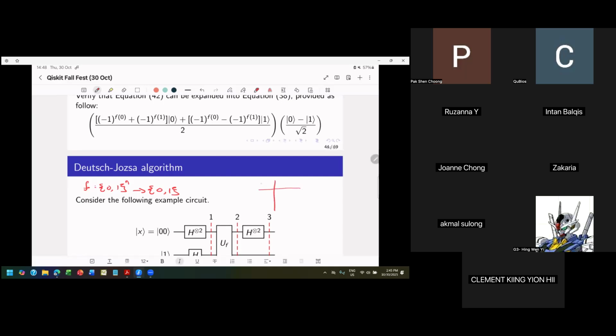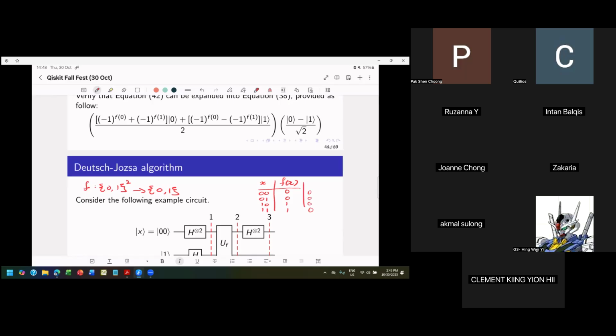Let's say you have n equals 2 in this particular example, so this is your x, so you either have 00, 01, 10, 11. So what will be your fx? If it is a balanced function, it will be 0, 0, 1, 1, for example. Or it can be everything 0 if it is a constant function.